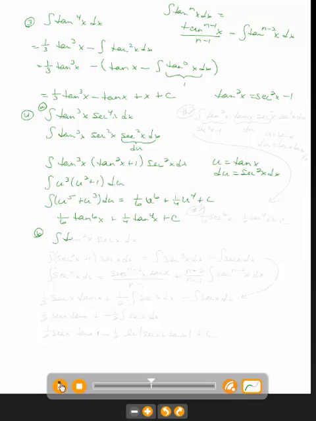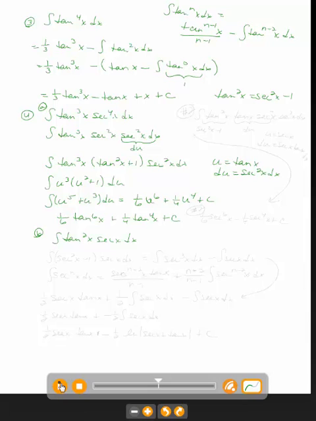This time we have tangent squared of x secant of x dx. Okay, so this one's going to take a little more work. And I'm looking in the book, and again, you could have done 4A differently. You could have taken off a tangent and kept a secant tangent for your du and done it that way and used all secants in your problem.